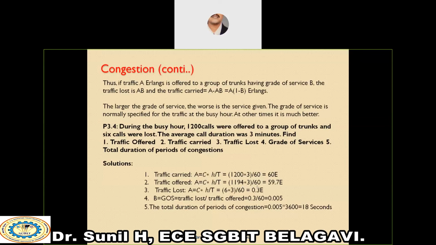Out of 1200, if 6 calls were lost, then we have 1194, and average holding time is 3 minutes. So 1194 into 3 divided by 60 is equal to 59.7 Erlangs.